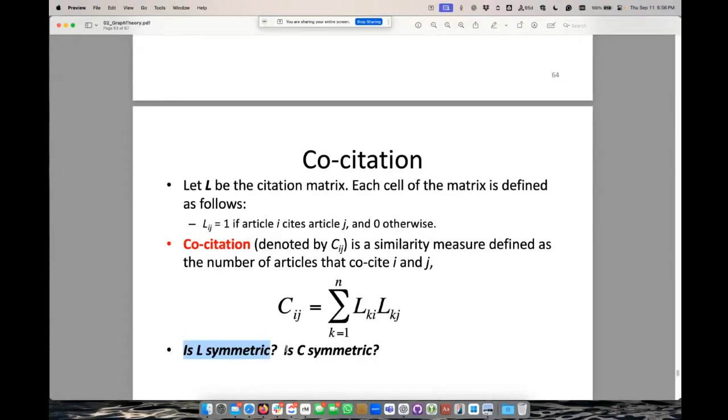Now the question is, knowing that fact, can you tell us if C, the matrix C, co-citation, is symmetric or not? Right? So we know that L is not symmetric, but is C symmetric? Anyone? What do you guys think? Will C be symmetric or asymmetric?